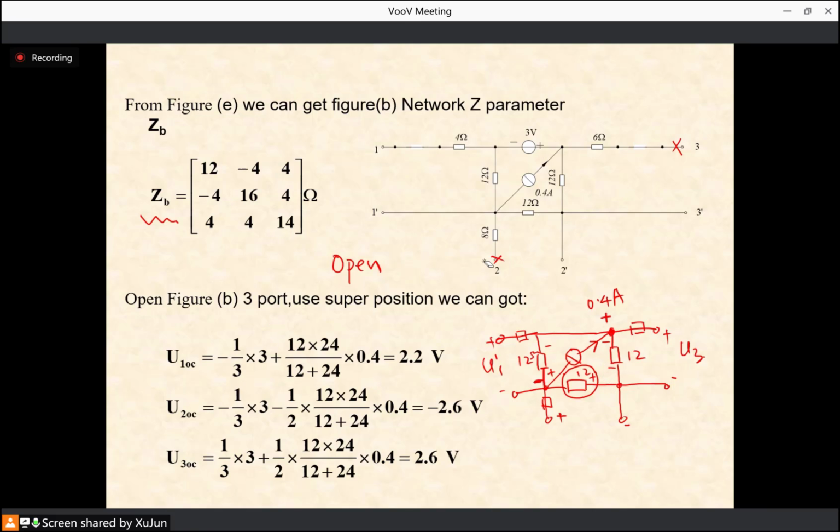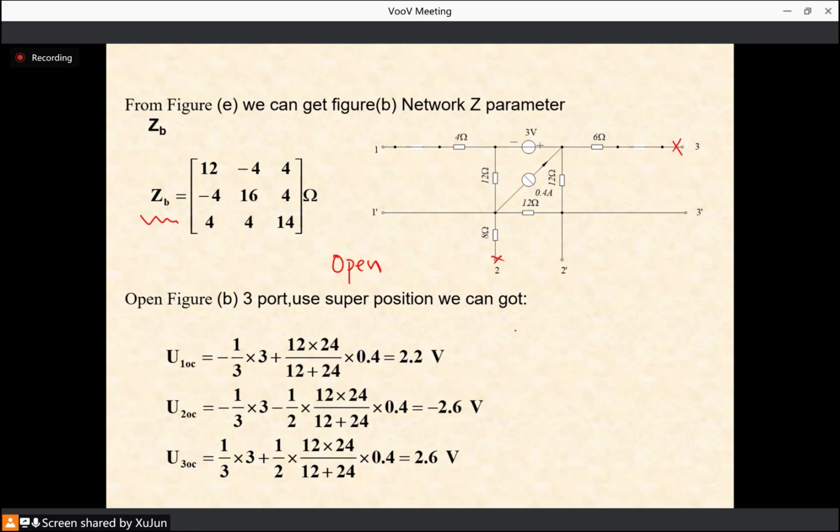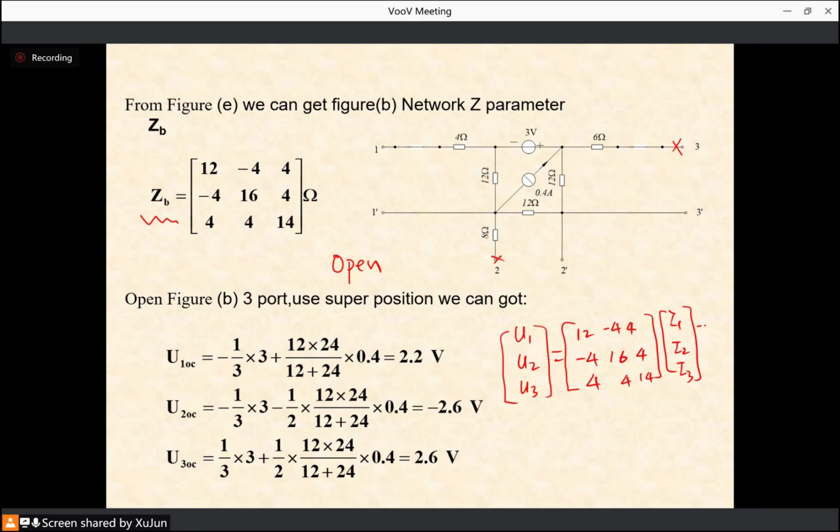So for this network, the total function is U1, U2, U3 equal to 12, minus 4, minus 4, 16, 4, 4, 4, 14, times I1, I2, I3, and plus 2.2, minus 2.6 and 2.6.